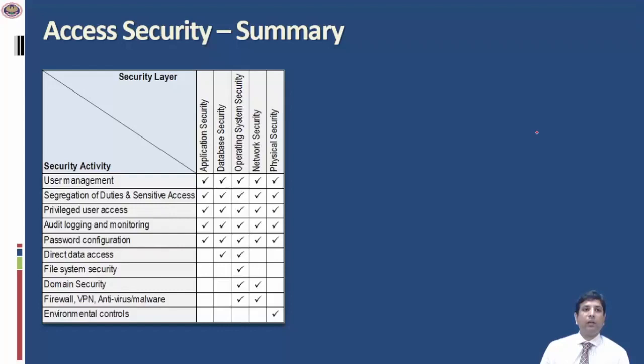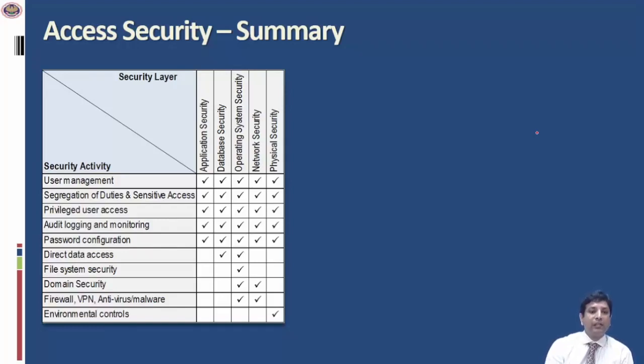We have seen several activities as a part of the access security that we need to look at as auditors. We have also mapped this to the respective layers of the security that we have discussed. So in this slide, you can see the relation between the activity versus the layer at which the activity operates.